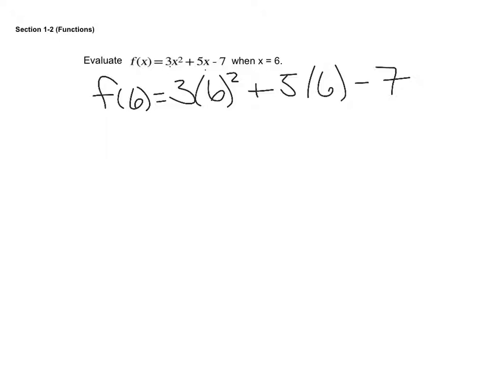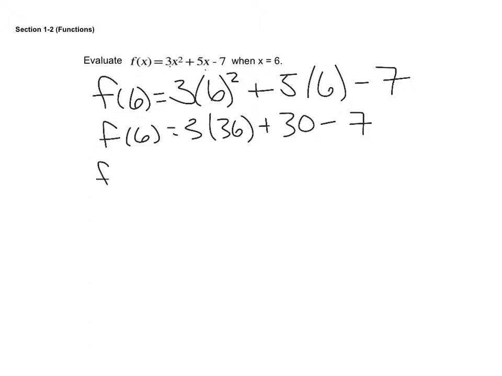Now let's simplify. Well, f of 6 equals 3 times 6 squared, which is 36, plus 5 times 6 is 30, minus 7. Now I need to simplify some more.